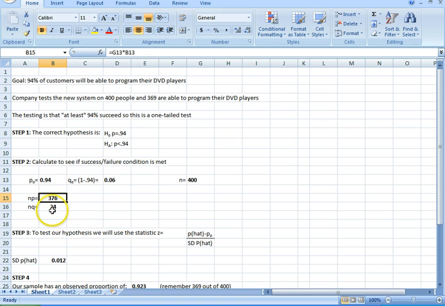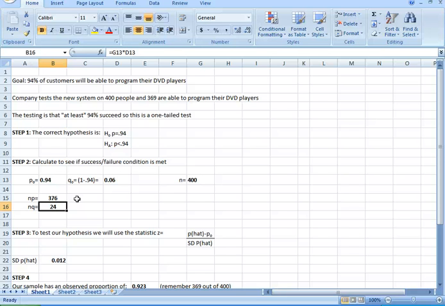Now we can also calculate nq. Here again, click on the cell, you see it at the top, and this time we're going to use n again at 400, and q is 0.06, and we come out with 24. Now since both of these are greater than 10, we know we're good to go.